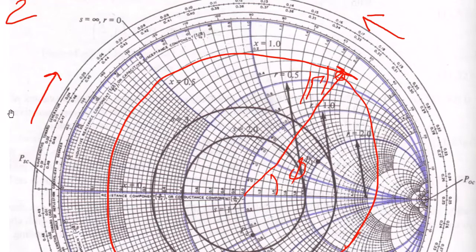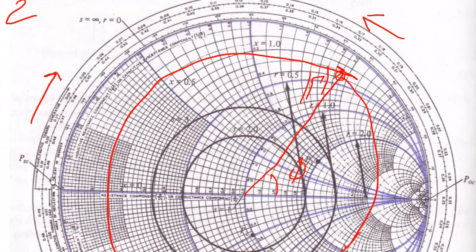When you move around the whole circumference, you reach this point again. So by moving lambda by 2, you get the same phase. The scale shows how much wavelength you have traveled. If you move from here to here, this minus this will be the wavelength you have traveled from the generator side to the load side.